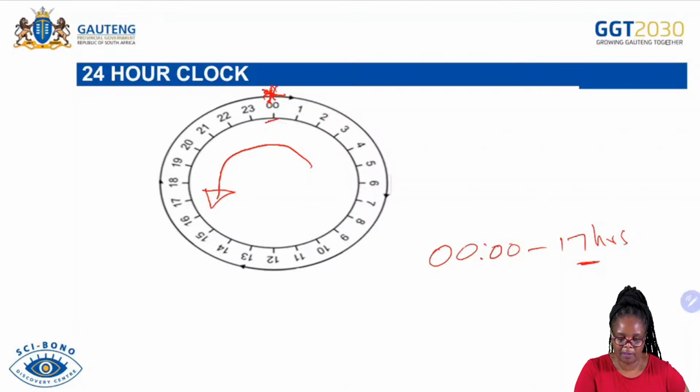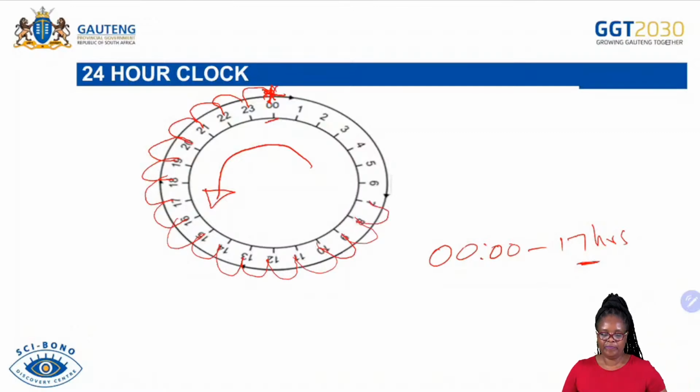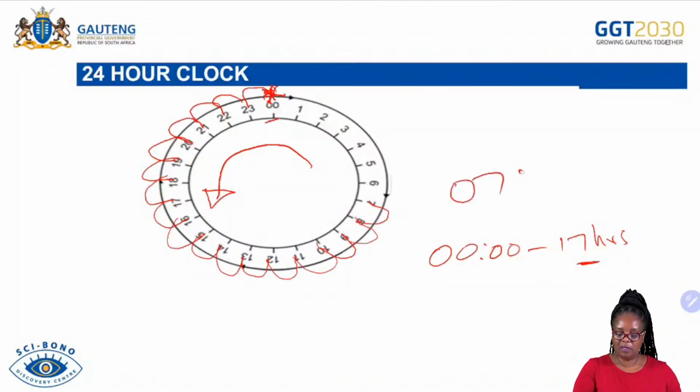Number 1 is 0, 1, 2, 3, 4, 5, 6, 7, 8, 9, 10, 11, 12, 13, 14, 15, 16, 17. 17 hours from 0000 hours. So we get to 07 hours.